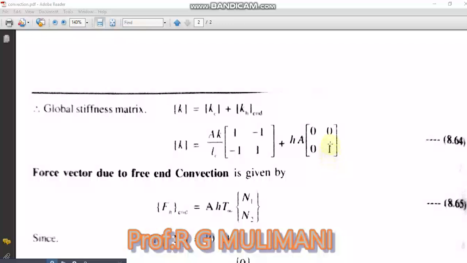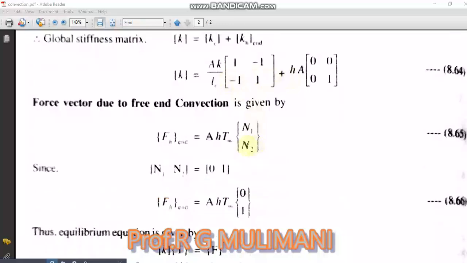If the 1 is at the A22 position, then it is at node 2. If the convection heat transfer is at node 1, then you place the 1 at the A11 position. This is the total stiffness matrix considering conduction and convection.